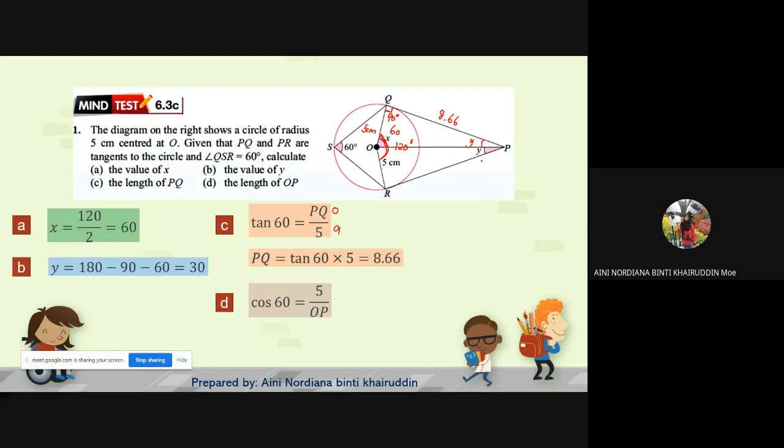You get OP. But here I use trigonometric ratio. Still use 60 degree. Now I use cos because we want to calculate the OP, the hypotenuse. So cos is CAH, adjacent is 5, and hypotenuse is OP. So OP equals to 10 cm. So this is the answer for number 1.